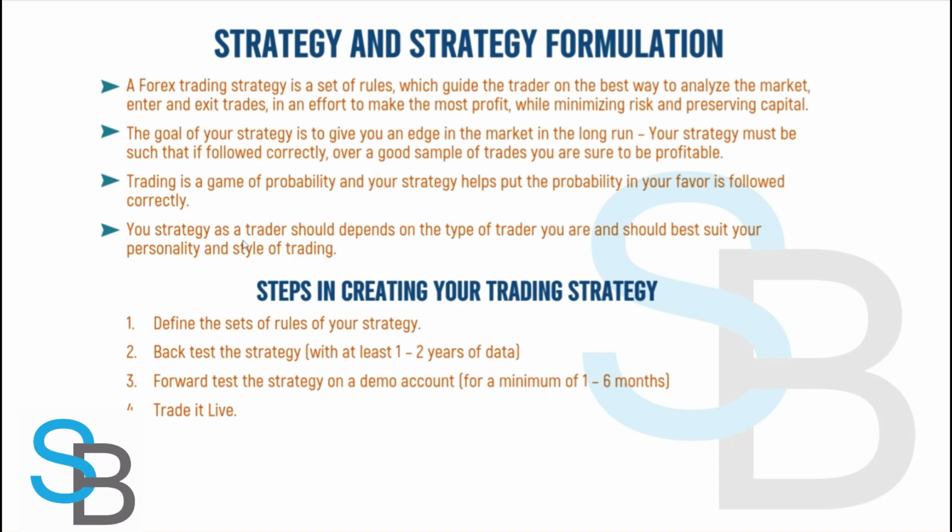So your strategy as a trader should depend on the type of trader you are, and should best suit your personality and trading style. It means if you are a swing trader, your strategy should flow with the type of trading you are doing, which is swing trading. If you're a scalper, your strategy should be a scalping strategy. If you are a position trader, your strategy should be a position strategy.